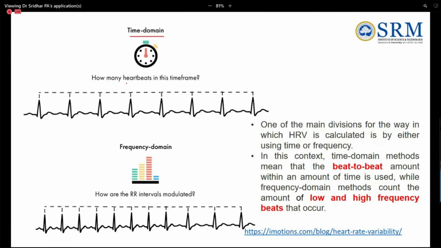How many heartbeats are there in this frame based on the time interval, and then I'll go into how the intervals are modulated in terms of their frequency. You can see the difference in time here as well as the time here. So this becomes your RR interval.